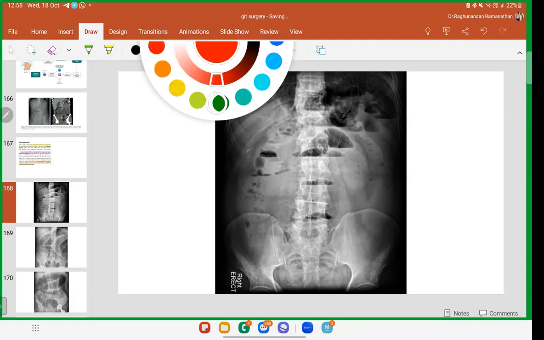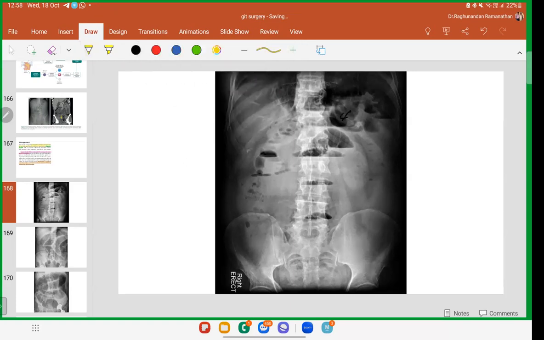Number 1, let's see one by one. Here is one, one more here, one more here, one more. So when you have more than 3 air fluid levels, it suggests obstruction.